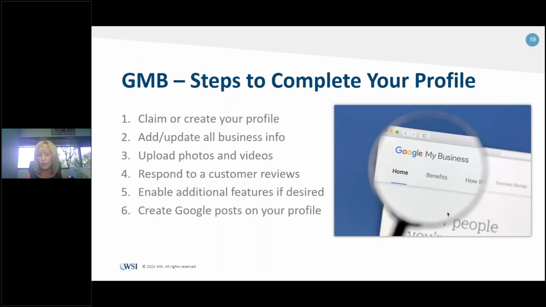There's a picture on this slide that shows you again what that looked like. The fact is that you really only have 3 spots on the first page. There is a place to click for more, but our goal is to try to get you in one of those 3 spots.